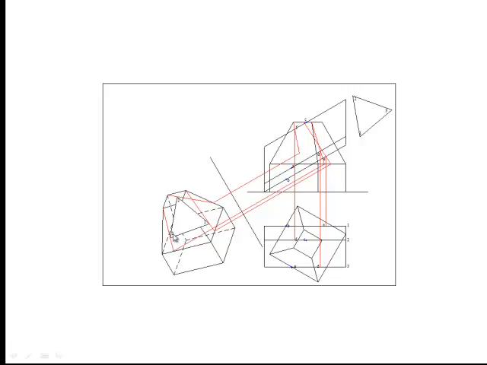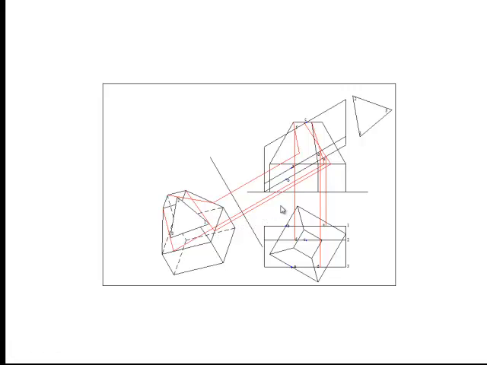The red lines are used to find points in the elevation which can be dropped to locate them in the plan, like so. E is found. We project E from this corner till it hits point 1, till it hits the intersection of the square base prism and the square base pyramid.